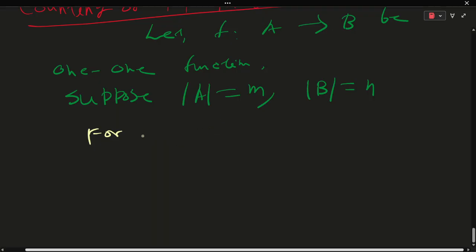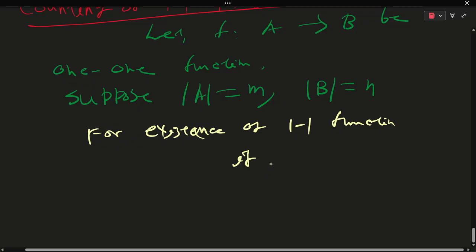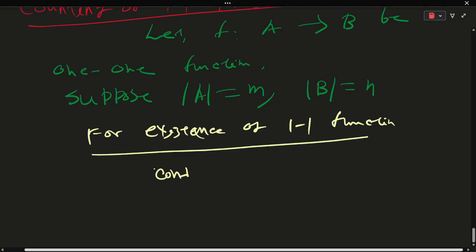For existence of a one-one function, the condition is m is less than or equal to n.